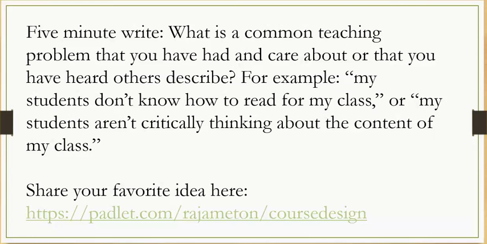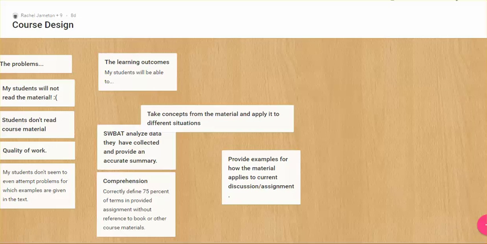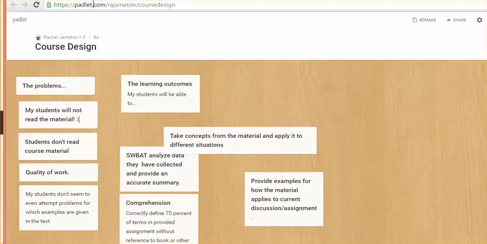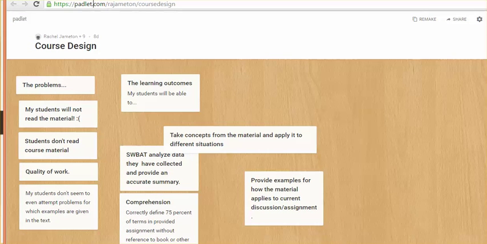When we met as a group, the first thing that we did was a 5-minute write about common teaching challenges and what we wanted to focus on during the conversation. And so we came up with this Padlet. You can go to Padlet and look at what we put if you want to. It's a great way to get students to share things. It is anonymous, or can be anonymous, and you can get feedback from a group of people pretty easily using it.